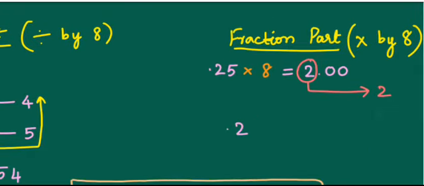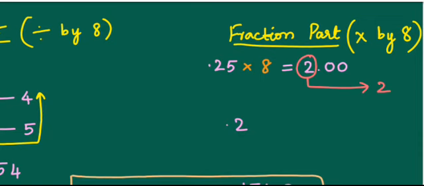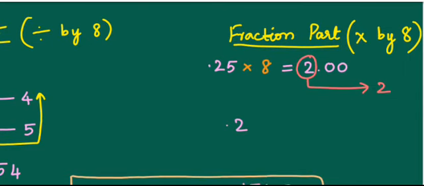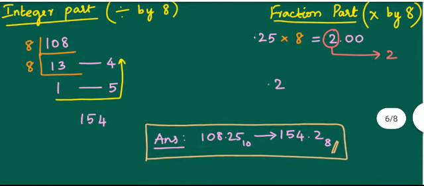The fraction part is 0.25, and 0.25 into 8 is 2. Take the integer part 2 out. The fraction part is now 0.00, so we cannot continue further multiplication. So 0.2 is the fraction part and 154 is the integer part. The final octal number is 154.2.